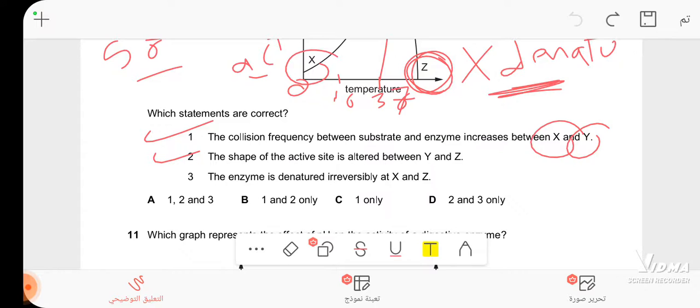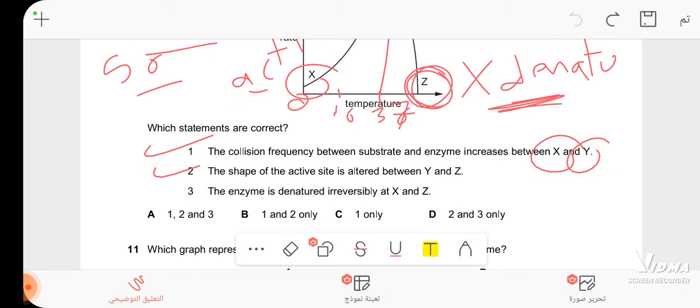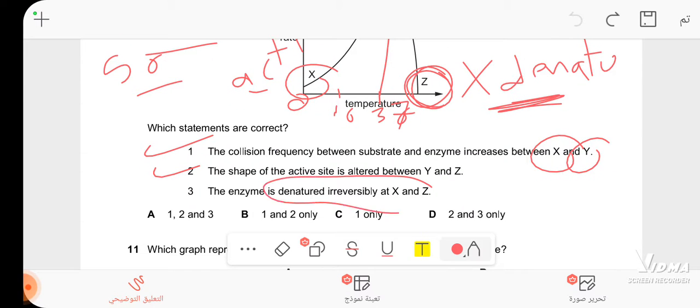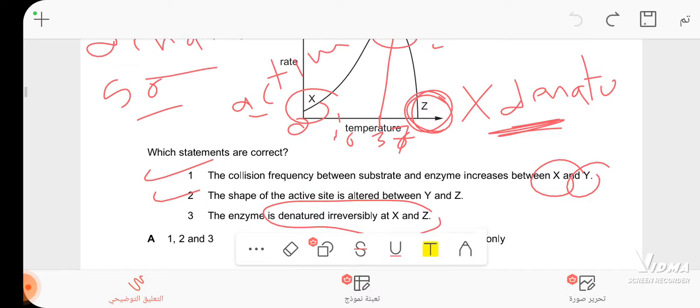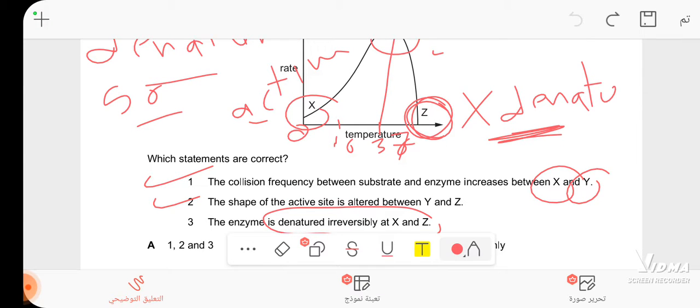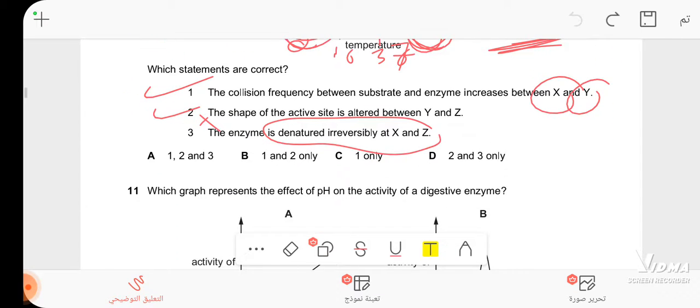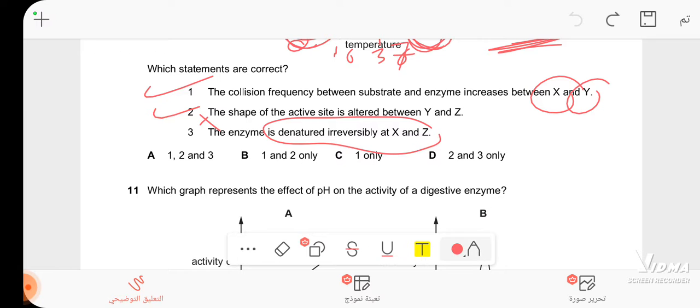No. The enzyme was active here and not active there, and this is not reversible, so this is wrong. So 1 and 2 are right. We'll choose B.